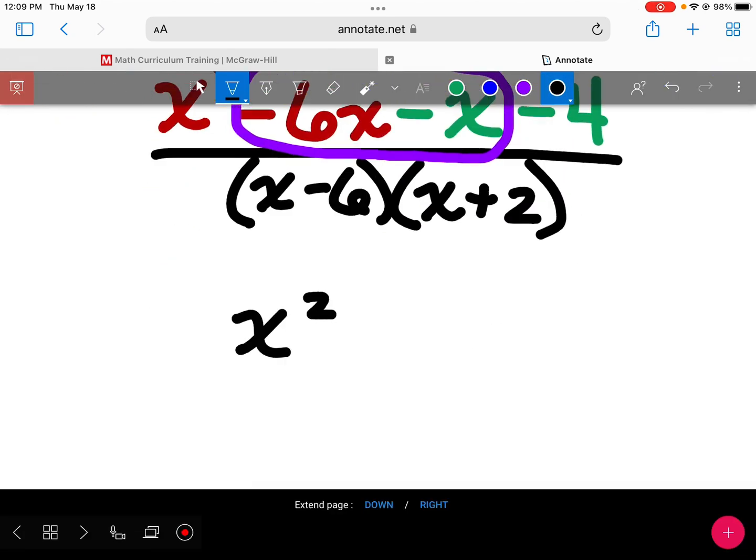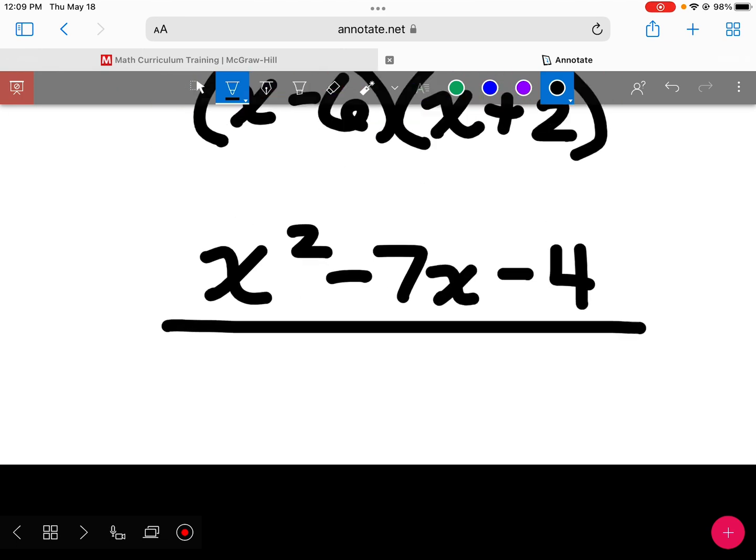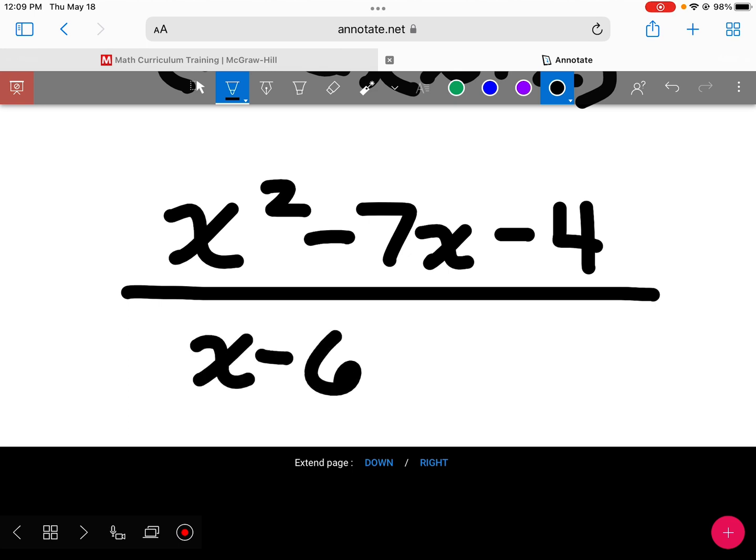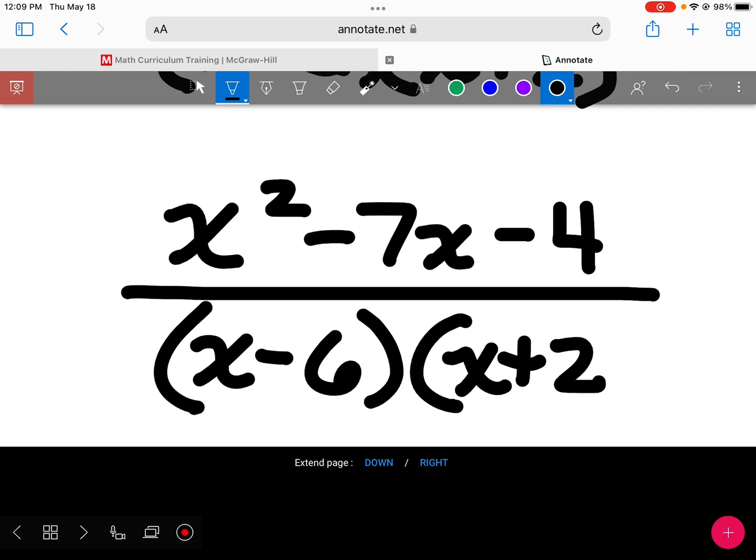So I have x squared. What's negative 6x minus another x? I have negative 6 minus one more. Negative 7. Negative 7x minus 4 all over x minus 6, x plus 2.